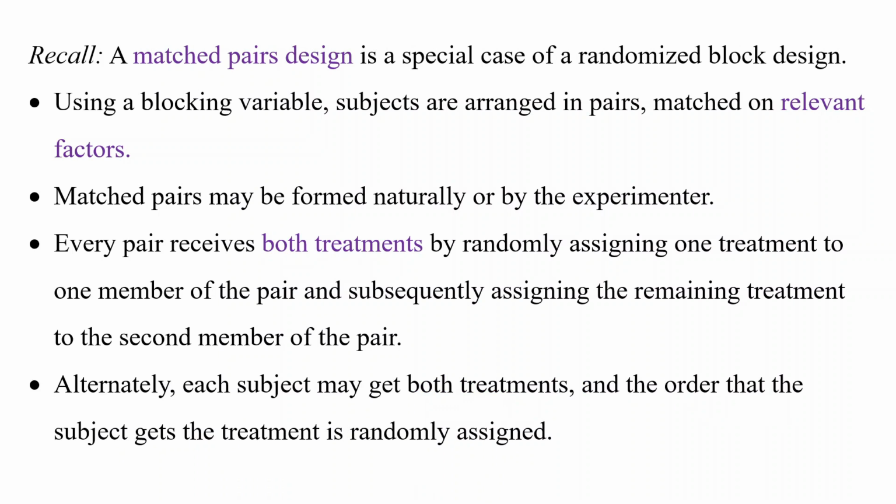Alternatively, you may get 1 subject that gets both treatments, and the order that the subject gets is randomly assigned. Okay, so again, 2 different types of pair designs. You can have 2 subjects and each of them gets a treatment and the order is randomly assigned, or you have 1 subject and the 1 subject gets both treatments, and again, the order of the treatment is randomly assigned.